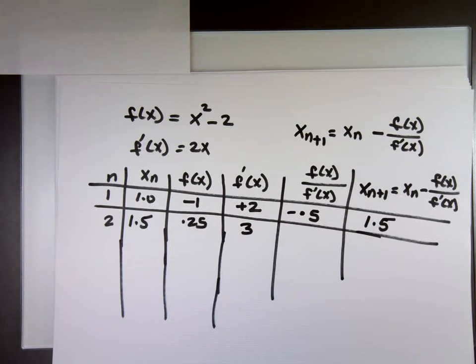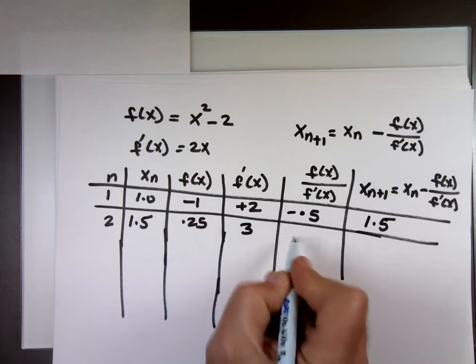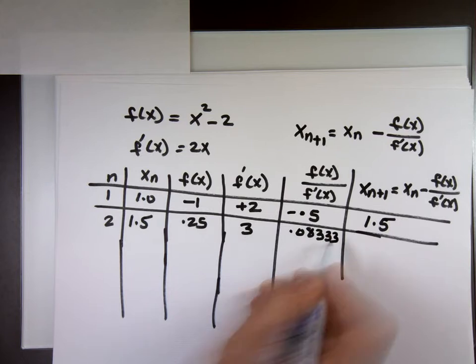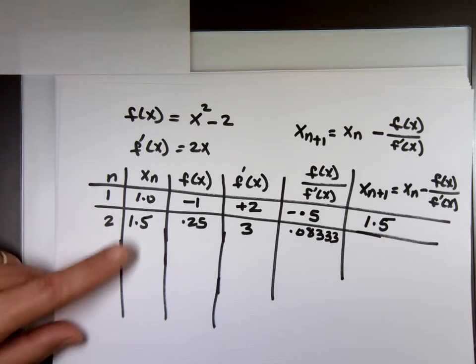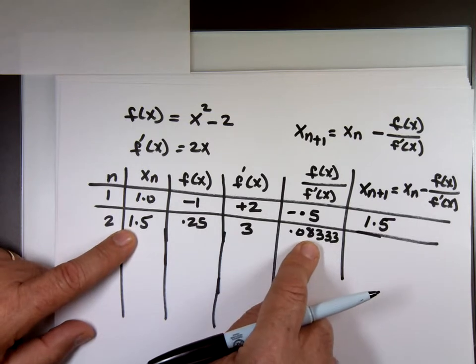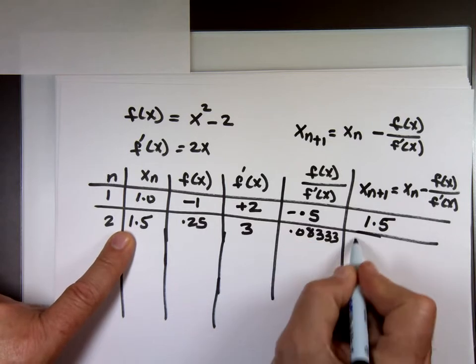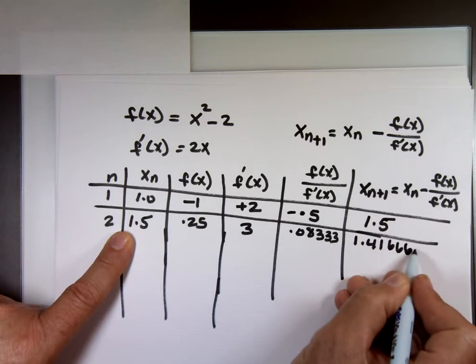What's 0.25 divided by 3? Is that 0.08333? So the next value I'm going to be using is the 1.5 minus the 0.08333, which is what? 1.416667, whatever.